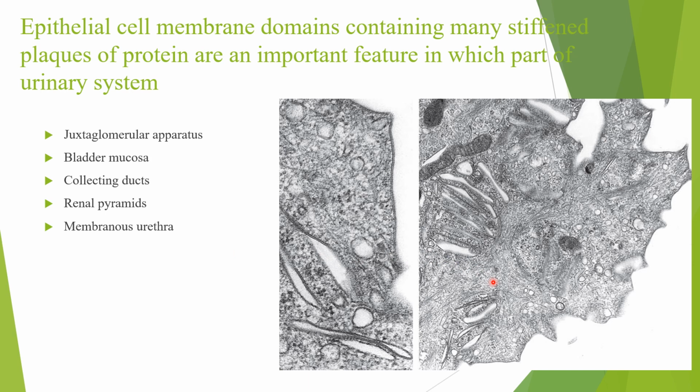This is a transmission electron micrographic picture of the bladder mucosa, and here you can see the stiffened areas of epithelium forming the fusiform vesicles, also given the name of plaques, which are present in the apical cytoplasm. In another diagram you can appreciate these fusiform vesicles are plaques which are part of the epithelium, which is stiffened and infolded when the bladder is empty. So the correct option is the bladder mucosa.